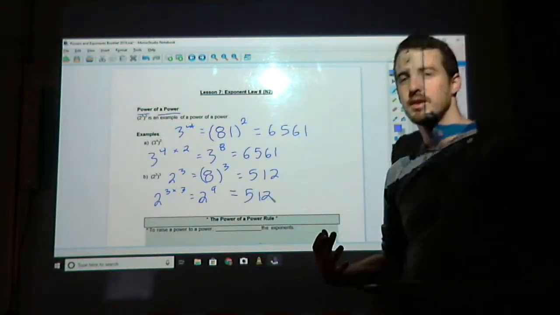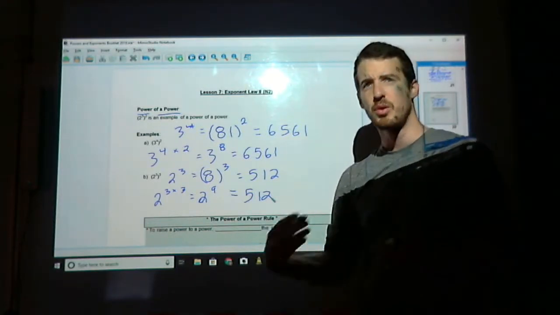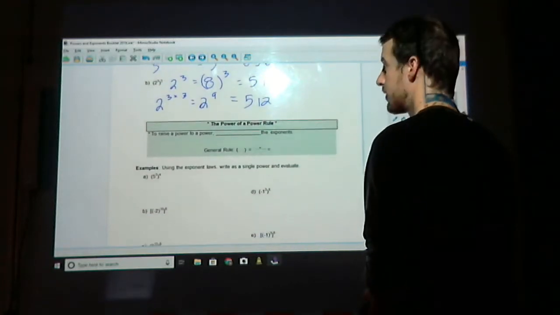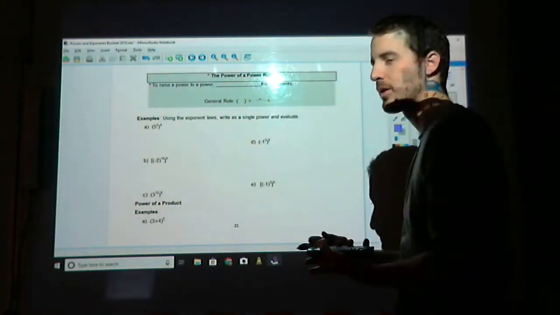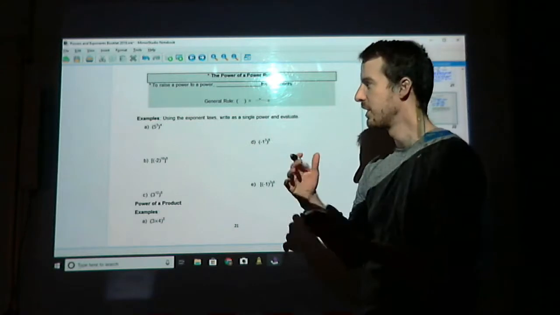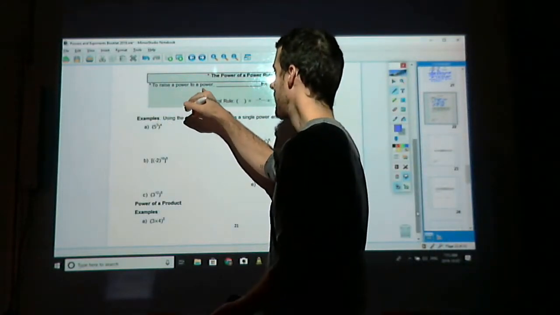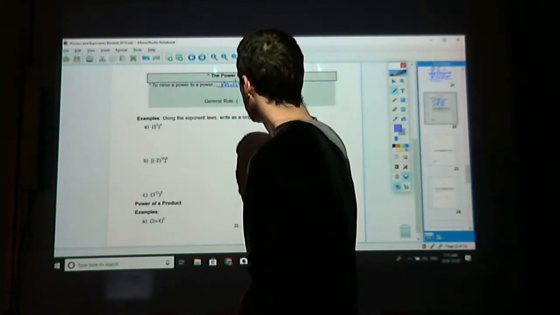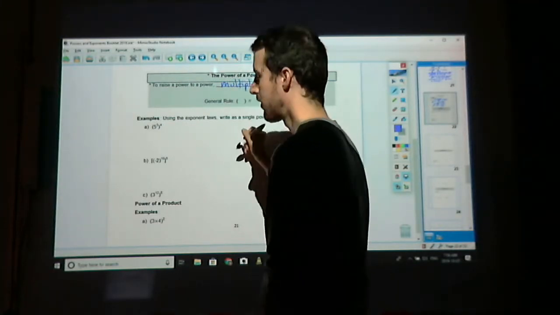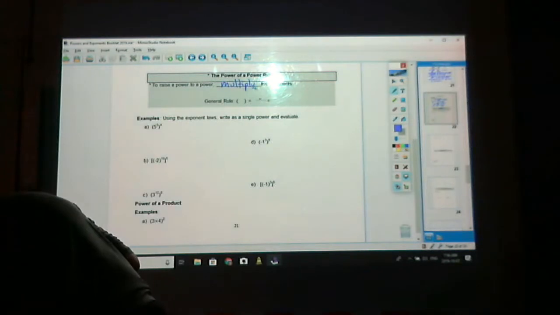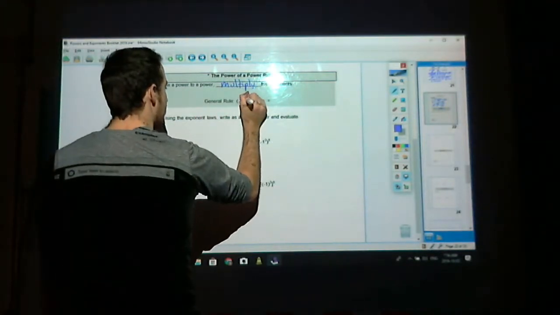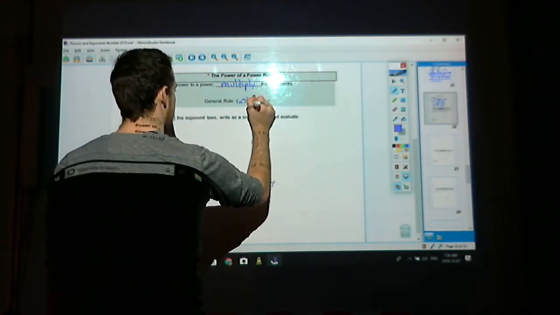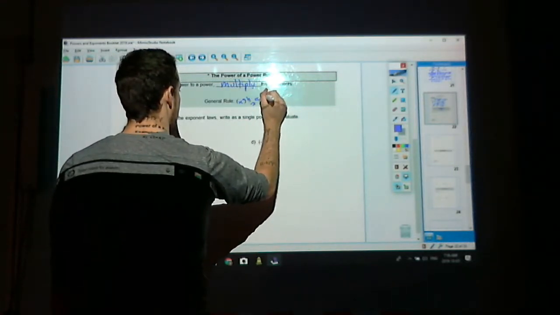As mathematicians, we always like to prove that our ideas work. Now that we've proven this, we've shown you a couple of examples that show that we can take our power to a power, and then we can multiply the exponents. The way we can write that is x to the a, all to the power of b, is the same thing as x to the a times b.